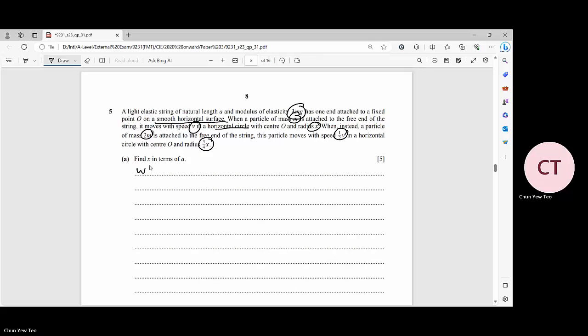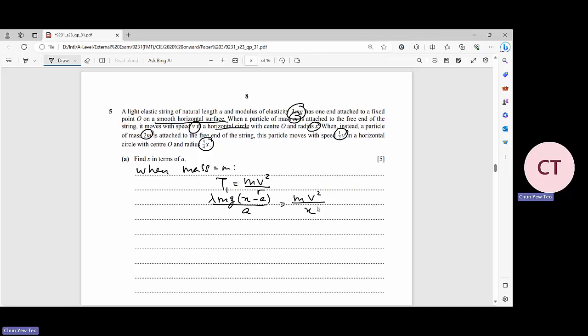So we just do one by one. When the mass is m, then your tension number 1 will be the centripetal force. It will be mv squared over the r. Your T1 is lambda mg, the extension is x minus a divided by a, is equal to m of the v squared divided by the radius.